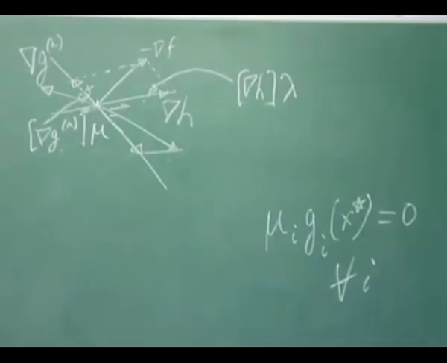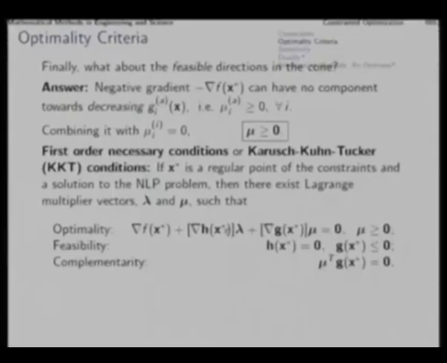So, you find that here you have got n equations, the number of variables, here you have got another bunch of equations, the number of equality constraints, and here you have got another bunch of equations, which is the number of inequality constraints.